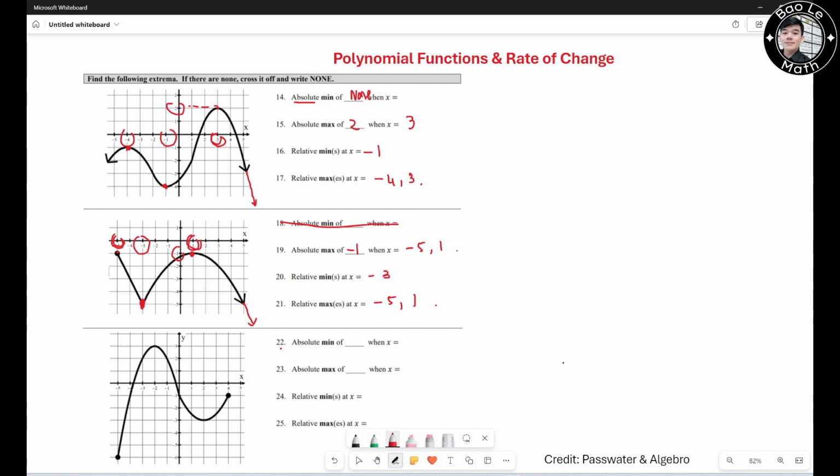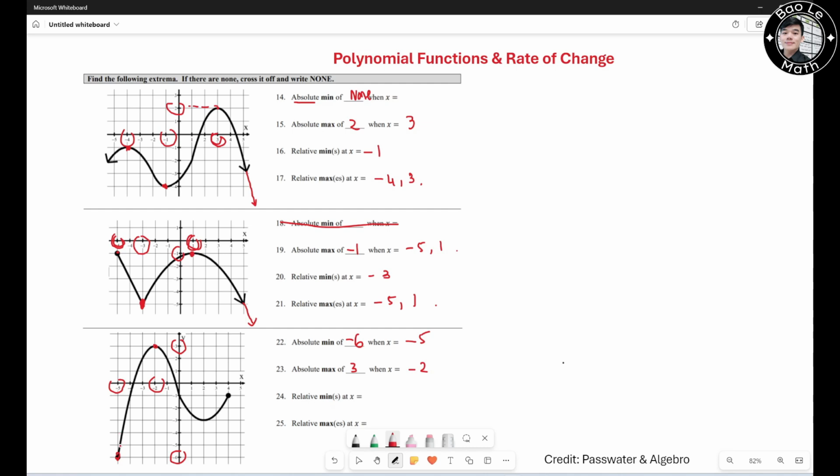And the last one, absolute minimum is this one right here. So it's going to be -6 when x equals -5. Absolute maximum is right here. It's going to be 3 when x equals -2.